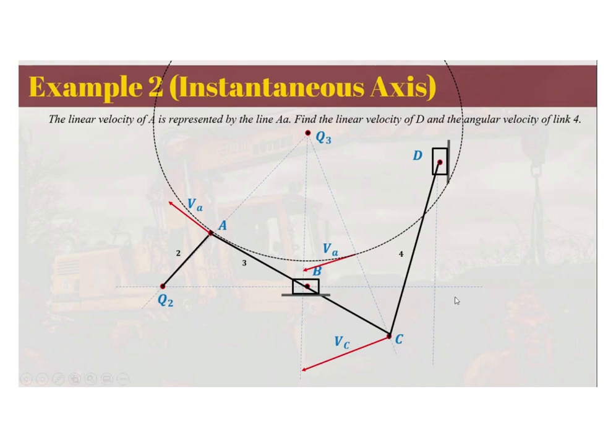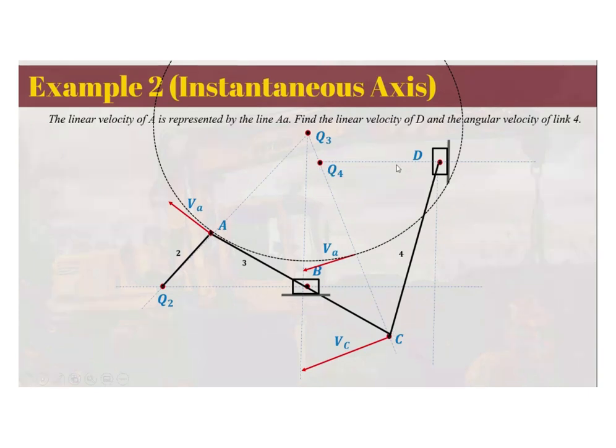So the instantaneous center of line CD using your knowledge is at Q4. That is actually the line that is intersecting Q3C and the intersection of Q3C and the instant center Q4D, which is at infinity. So the instantaneous center is Q4 for C and D.